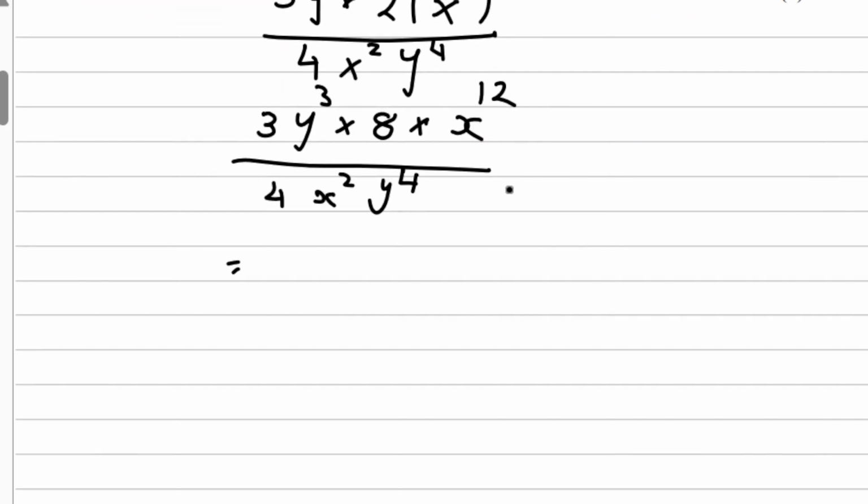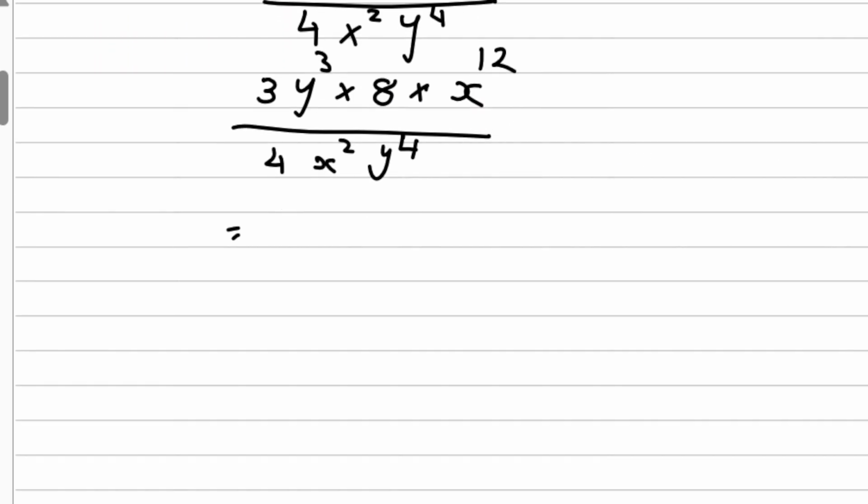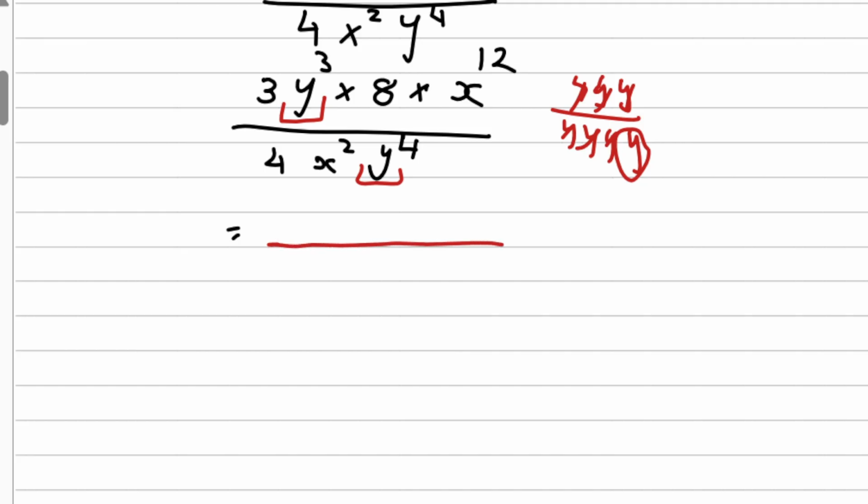Now we have y to the power of 3 up here, and we have y to the power of 4 here. This is just like y cubed divided by 4 y's. So these 3 y's will cancel these 3, so you'll have 1 y down. Did you get me? So I'll just end up by having a small y down here, 1y.